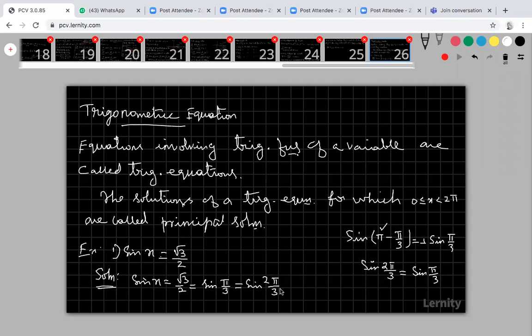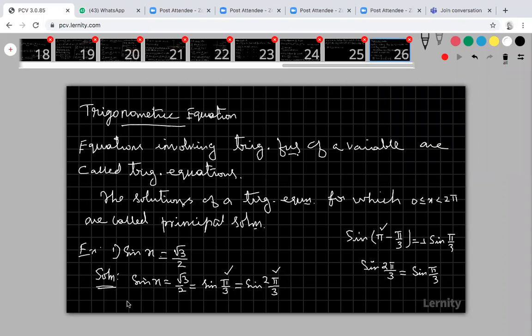Why, sir, are you taking pi by 3 and 2 pi by 3? Because pi by 3 belongs to 0 to 2 pi, and 2 pi by 3 also belongs to 0 to 2 pi. These two values lie between 0 and 2 pi, and both give root 3 by 2.